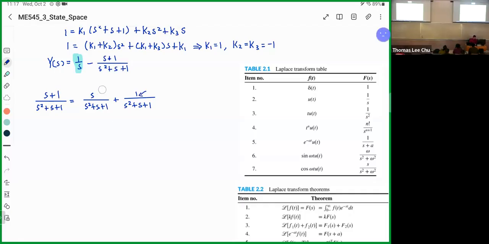So now we can see that this response is going to have some sine and cosine components in it. And it makes sense. It's a mass spring damper system. You hit it with a constant input, it's going to oscillate a little bit before hitting steady state. So there's going to be some sine and cosine components, but it doesn't resemble that table yet. And the reason why is because we have this s term here.